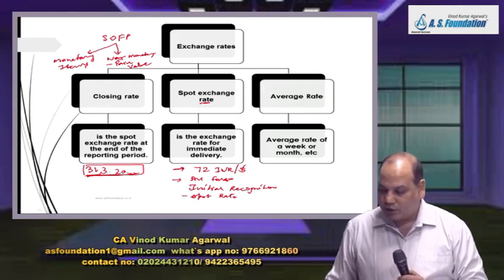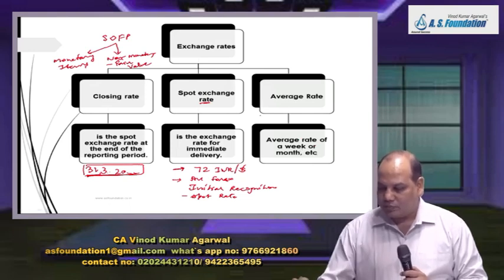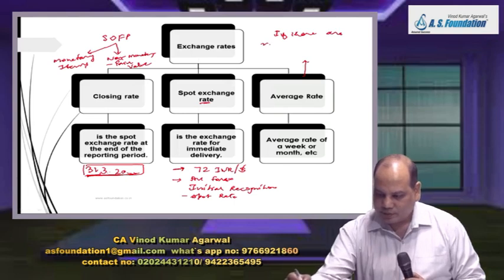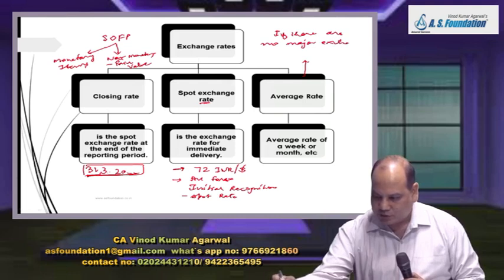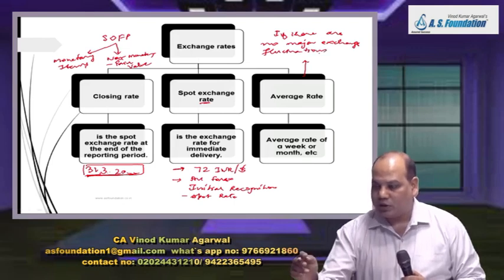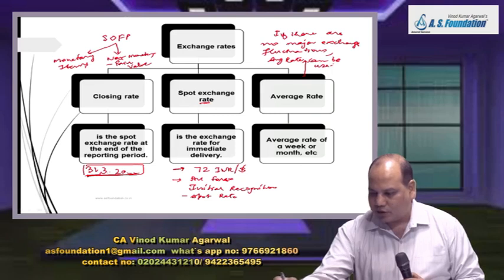Okay. And then what is average rate? Average rate is the average rate of a week, month, etc. If there are no major exchange fluctuations, as you know, exchange rate keeps fluctuating, then average rate can be used for similar transactions.